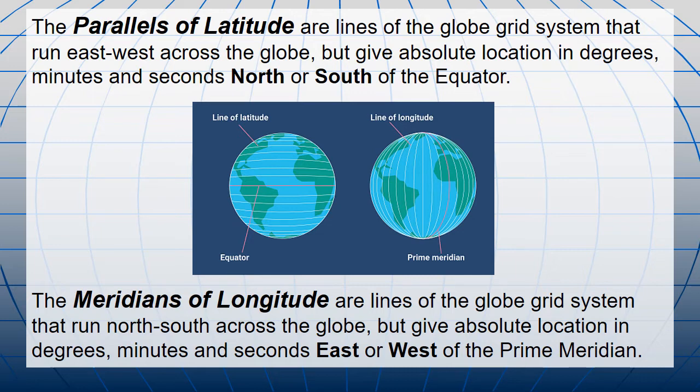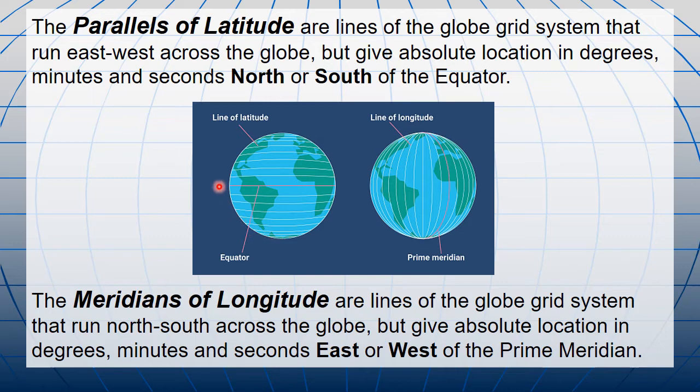Let's see, to distinguish between the parallels of latitude and the meridians of longitude, well, the parallels of latitude are those lines that run east-west across the globe, but they give your position in absolute location in degrees, minutes, and seconds, either north or south of the equator.